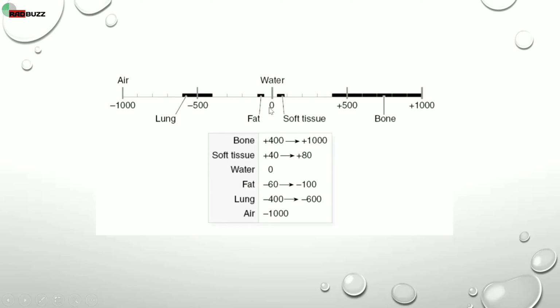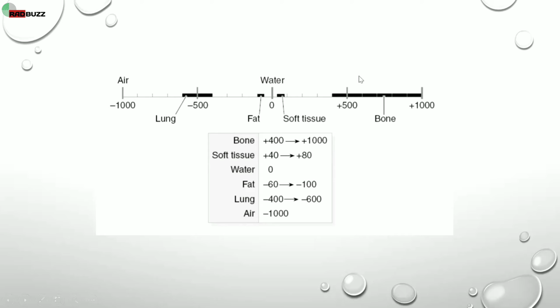If something has a value in minus, that will be low density, lighter, especially air, so it has a value of minus 500, minus 1000. So if there is lung, or any air present, free air or any confined air, it will give a low Hounsfield unit.